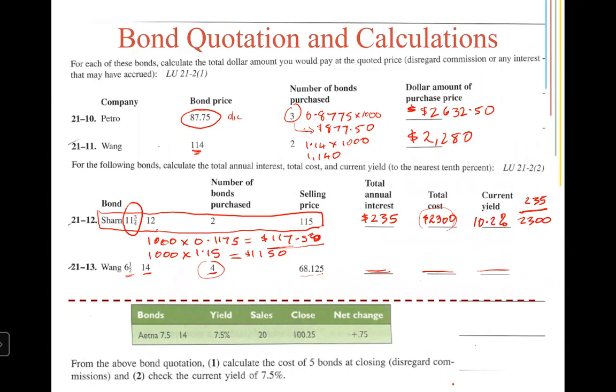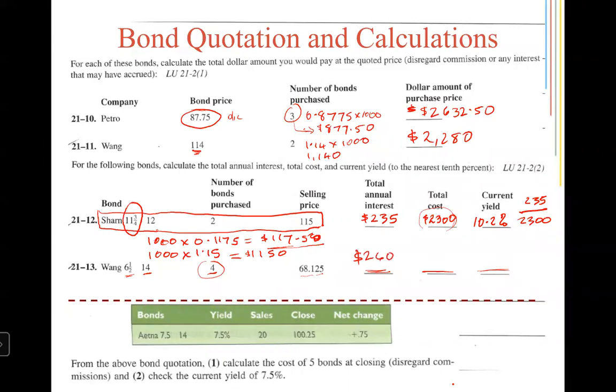That gave me 65. And because the number of bonds is 4, it's 65 times 4, and that gave me 260. So what your total was, you said? 260. Okay, 260. Right, thank you.